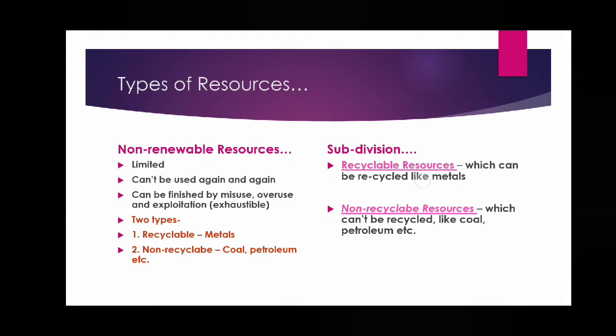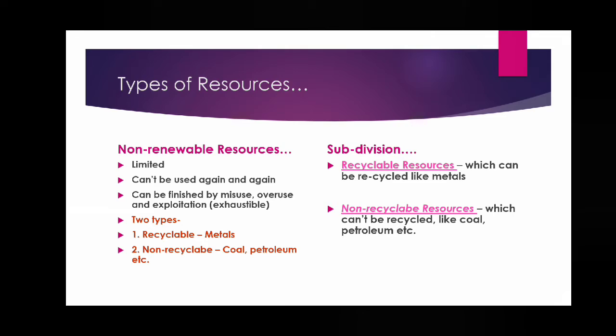Now come to the next, non-renewable. Already I told you about renewable, so it is just the opposite of renewable. It is limited in amount, it cannot be used again and again, and it can be finished by misuse, overuse and exploitation. Like coal, can you assure that coal is a continuous resource?